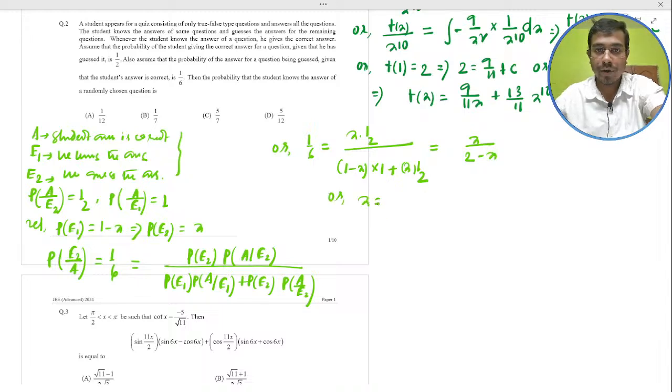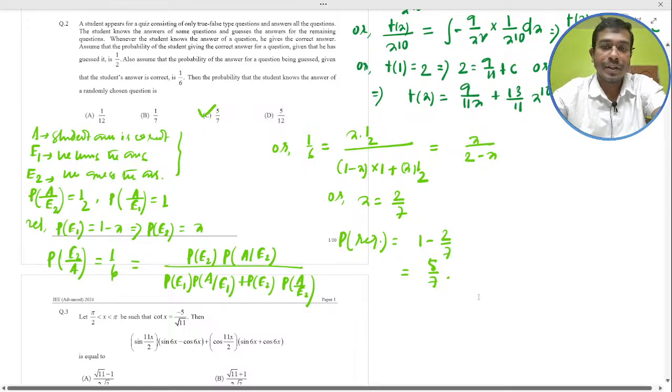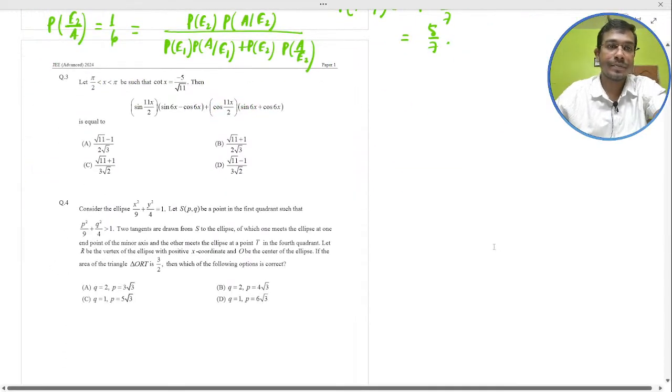So calculating, you will get the value of x as 2 by 7. So the probability of the required is 1 minus 2 by 7, that means 5 by 7. 5 by 7 would be the correct answer. Option C is correct. Next, question number 3.